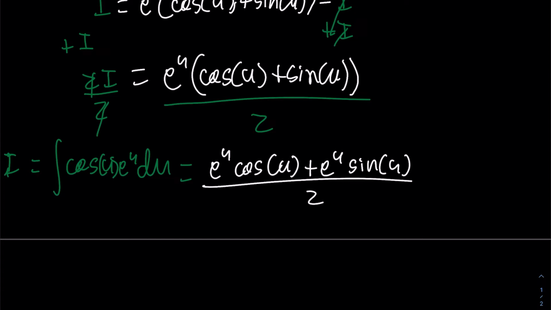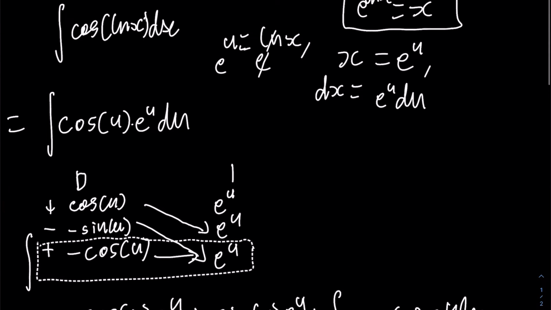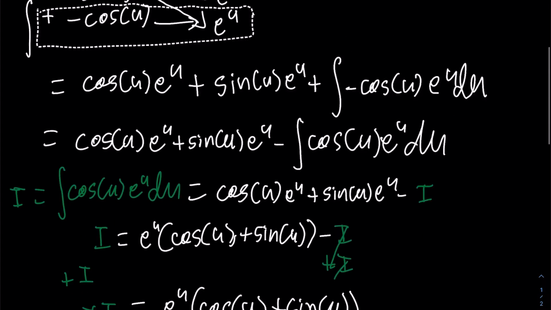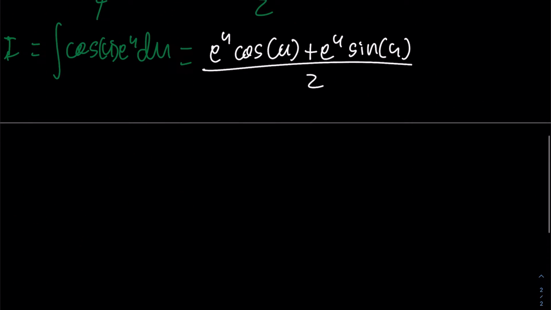Now the final step we need to take is to bring this back to the x world, because remember, our original integral was the integral of cosine of ln x. So let's just make a note here. We know that our u was ln x and our x was e to the u. So all we need to do is bring our integral back to the x world.